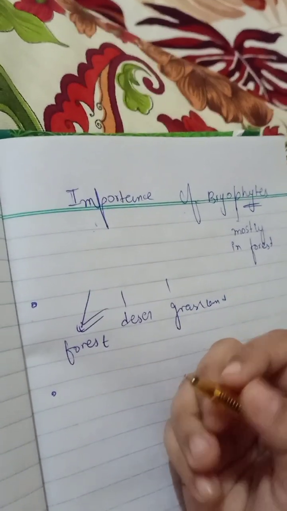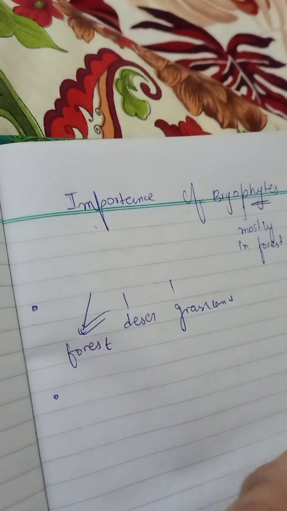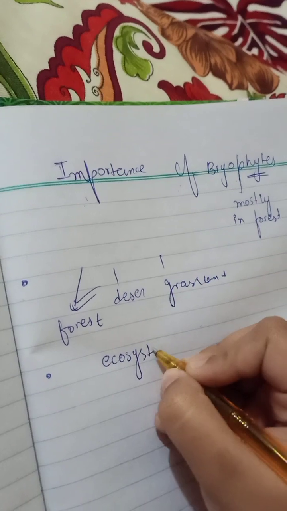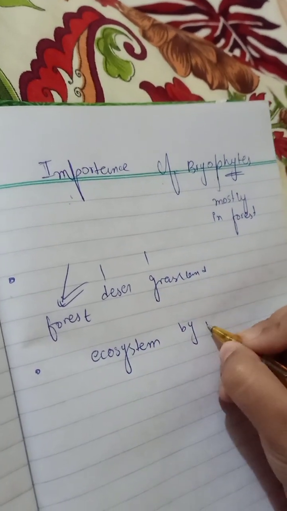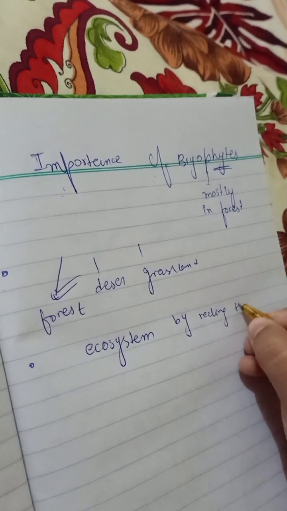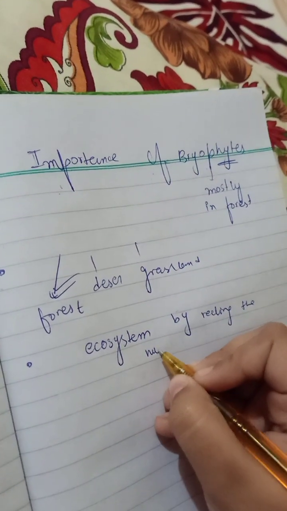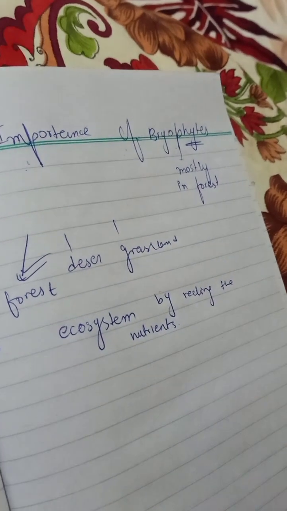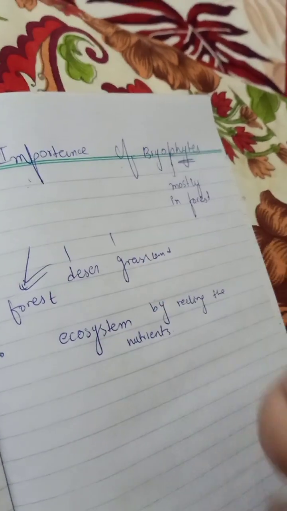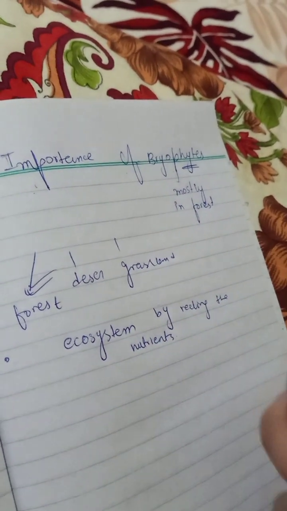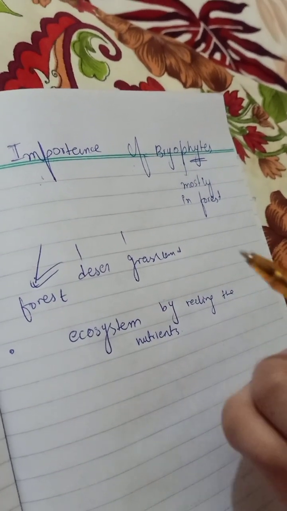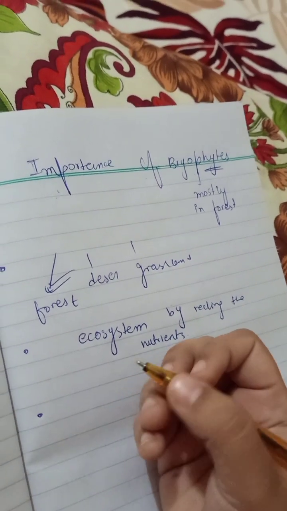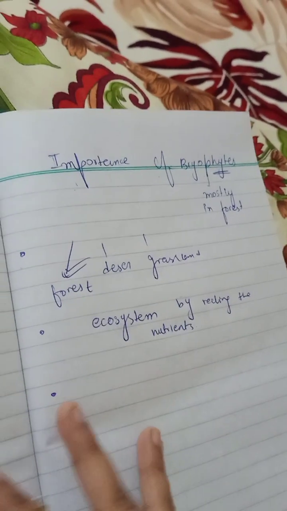Bryophytes basically develop the ecosystem. How do they develop the ecosystem? By recycling the nutrients. From the decomposers, we have the dead material, and from that they recycle the nutrients again and again, so the cycle continues.